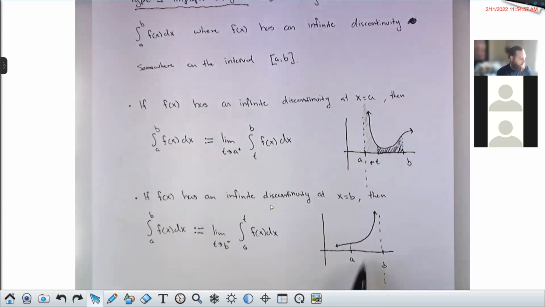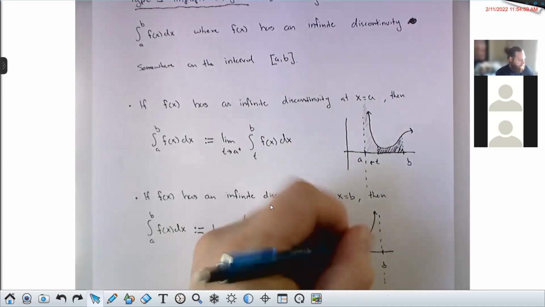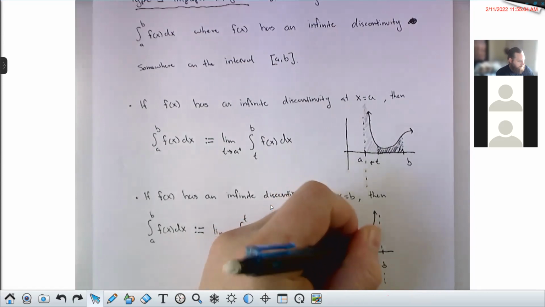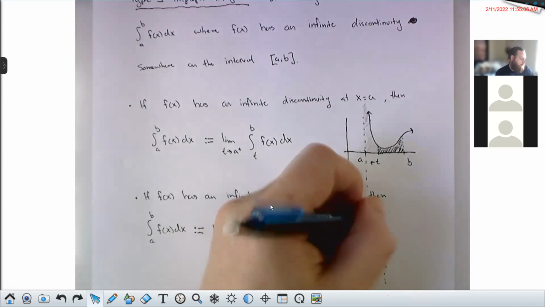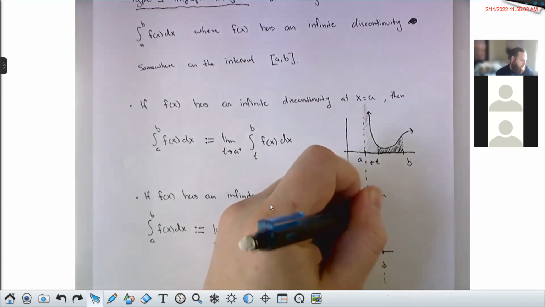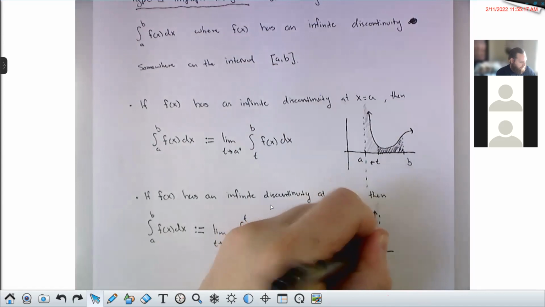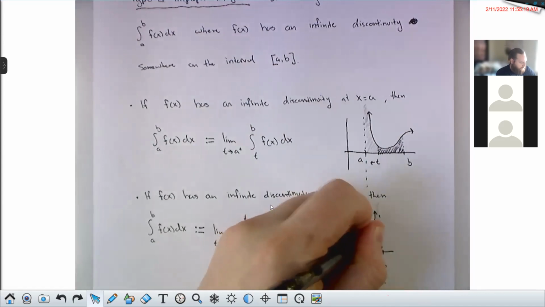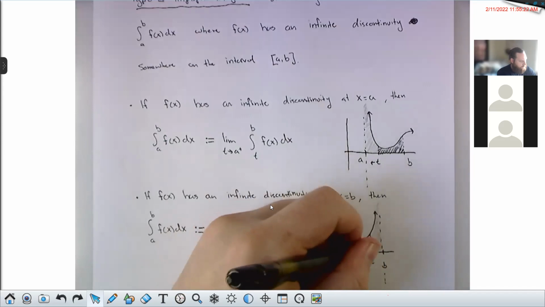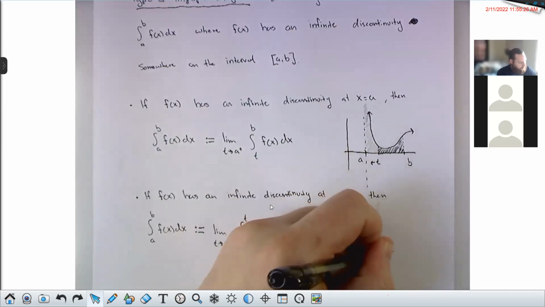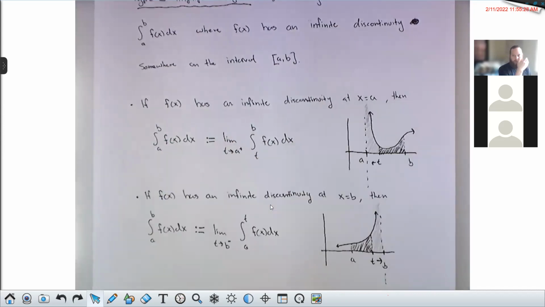My integral is trying to measure all the area bounded by f between a and b, which would be all of this stuff, which again, there's a problem, right? Because it goes up forever. That region is infinitely tall. And our workaround is to drop t in here between a and b, find a formula for the area from a to t, and then let t sneak up on b, this time coming in from the left.